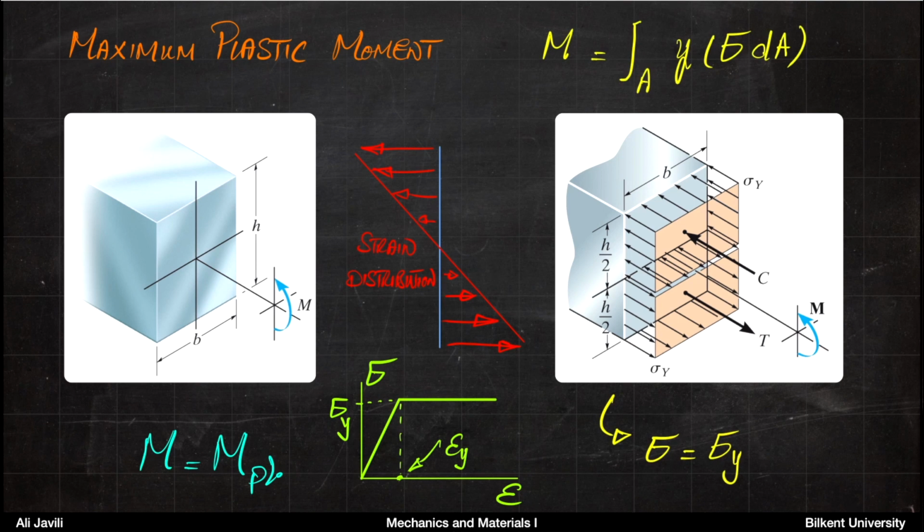So what does that mean? It means if you want to calculate that moment M, all you have to do is to assume that the stress in the integral is just the yield stress itself. You should also be careful with the signs. In the upper part, you would get compressive stress, so maybe you want to call it minus sigma y, and in the lower part you would have plus sigma y.